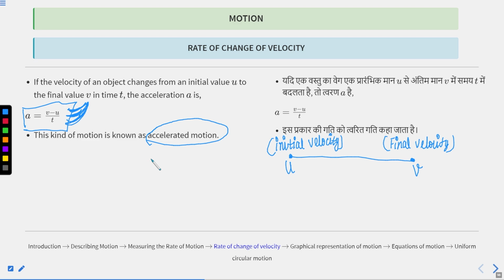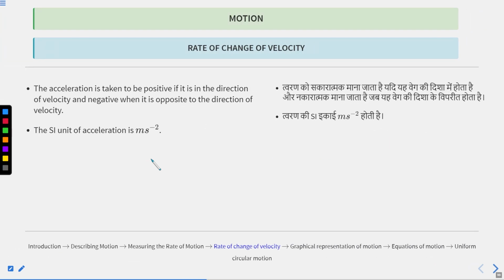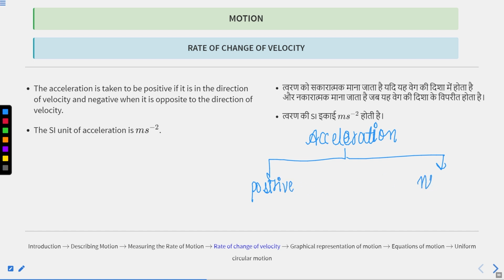The acceleration can be positive and can be negative. Acceleration is of two types: one is positive and the other is negative.